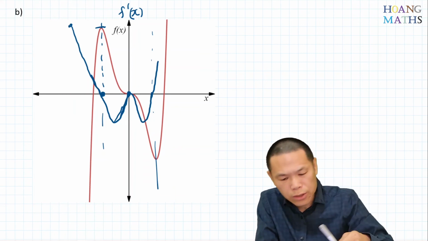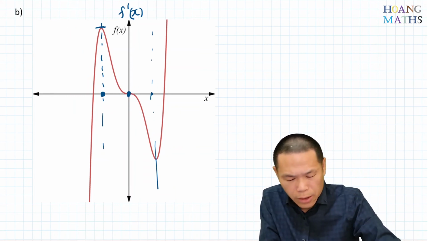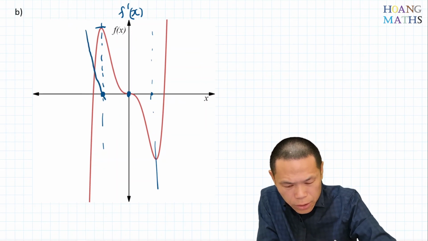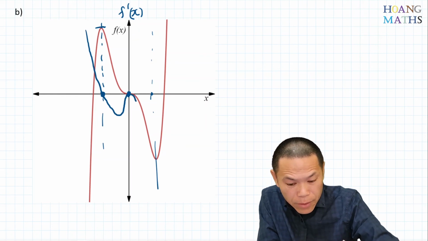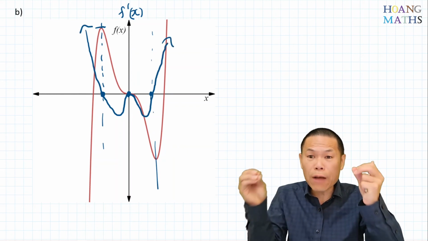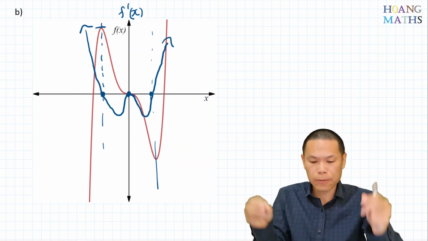All right. So let me just redraw this for you. So we start up there and we just go down, hit the 0 somewhere around and go back again. And of course we need to hit the 0 here. So we go down somewhere and going up. There you go. So your graph should be something like this.